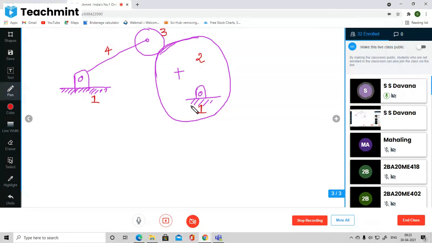Now, if you consider that some of the elements can take a motion without causing any translational or rotational motion to the others, for example the roller, the roller is going to rotate about its own axis.